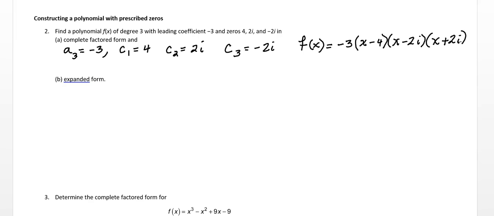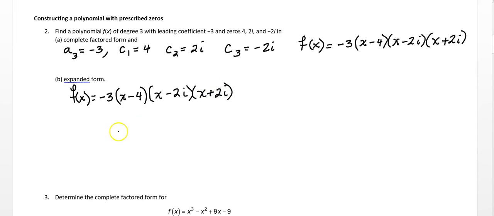Now let's take that polynomial function that we just wrote in factored form and write it in expanded form. Make sure you have plenty of room on your paper, because we're going to multiply all this out. Let's first multiply x minus 2i times x plus 2i. Remember, multiplication is commutative.